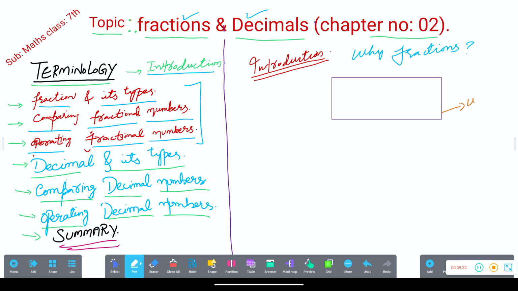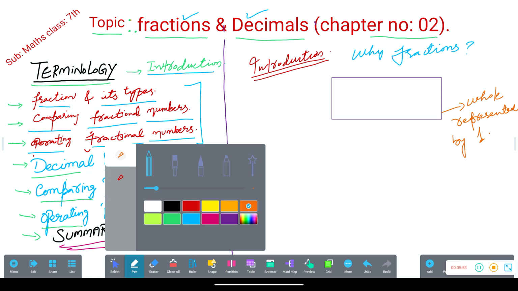And remember, one whole in mathematics is represented by the number 1. So this rectangle is a whole rectangle, nothing is missing in it. A single complete thing in mathematics is represented by 1.